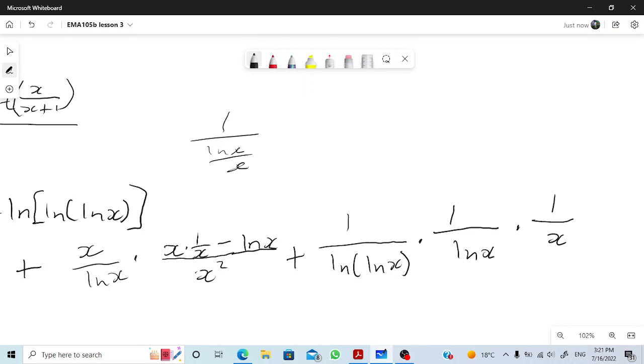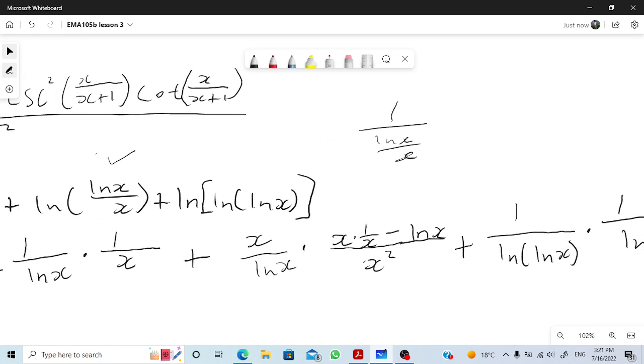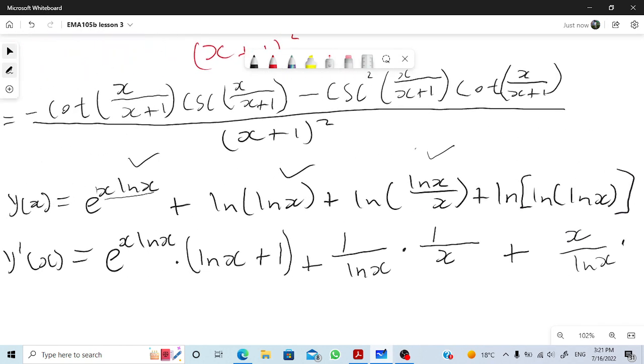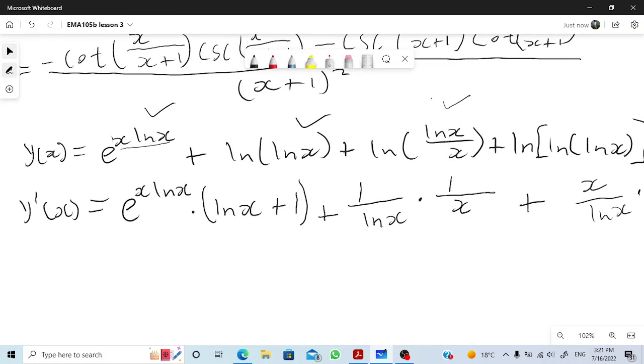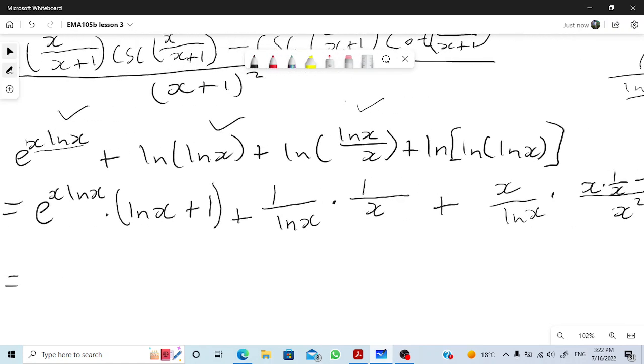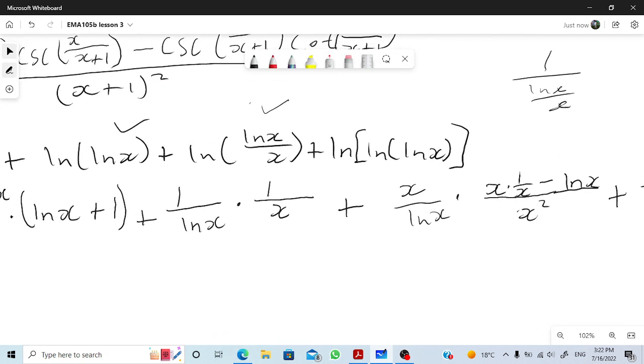We're supposed to simplify. So you can simplify this further or leave it as it is. To simplify what we already have further, I will say this now will be equal to, now I'm going to have x ln x as my denominator here.